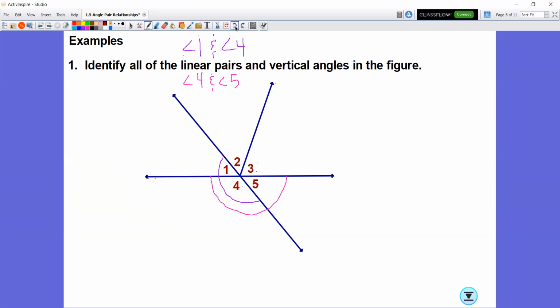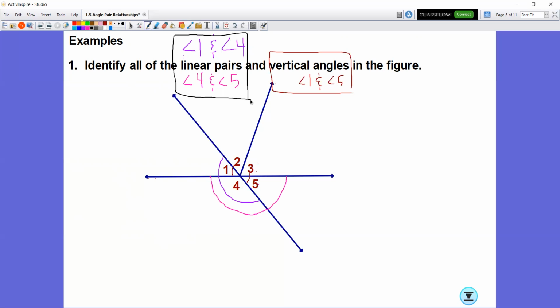I'm looking for two congruent vertical angles. 1 and 5. Yes, 1 and 5, right here and here. Perfect. Angle 1 and angle 5, those are vertical angles. And then these guys are the linear pairs. The shorthand is terrible. I apologize.